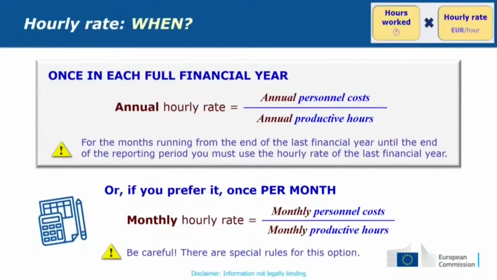For instance, this second option that we have now allowed in the Horizon 2020 grant agreements, that is to calculate the hourly rate per month. So rather than doing for each person an hourly rate at the end of the year, you will do 12 hourly rates, one in each month, by dividing the monthly personal cost by the monthly productive hours.